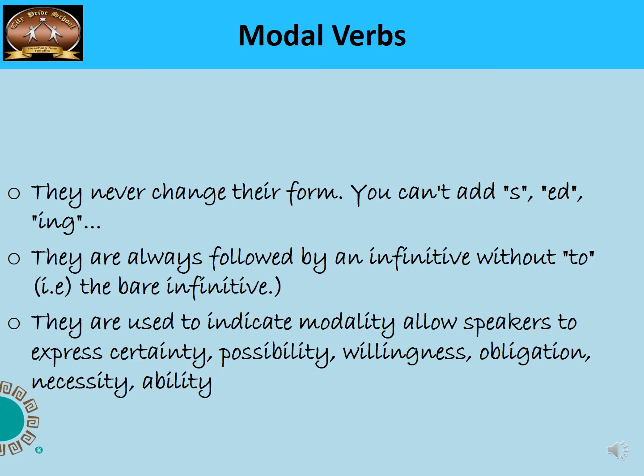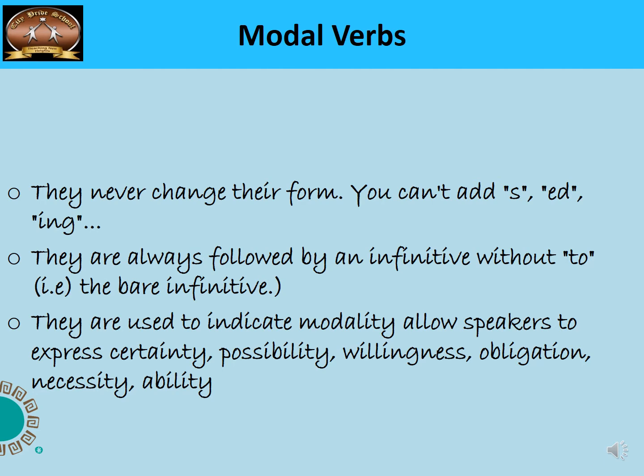Modal verbs are auxiliary verbs. That means you make negatives by adding not to the end of the verb. For example, can, can't, would, wouldn't, might not.